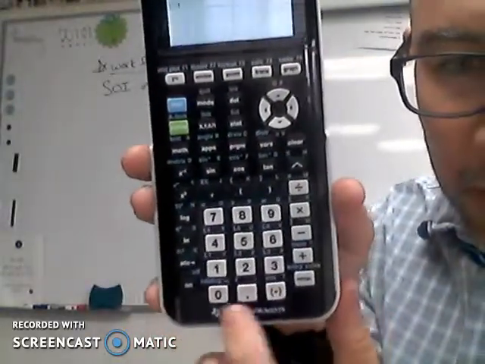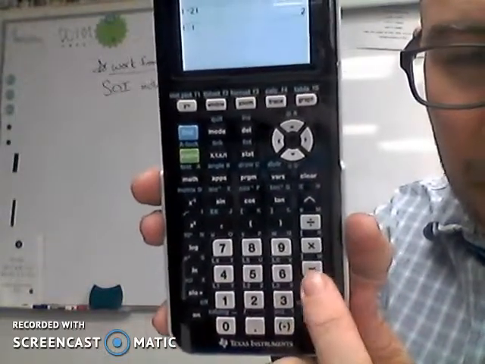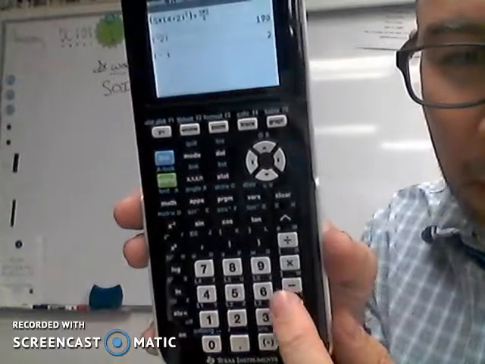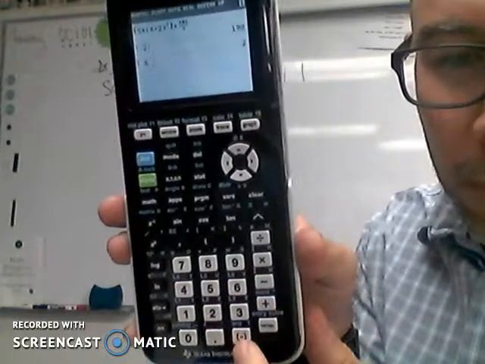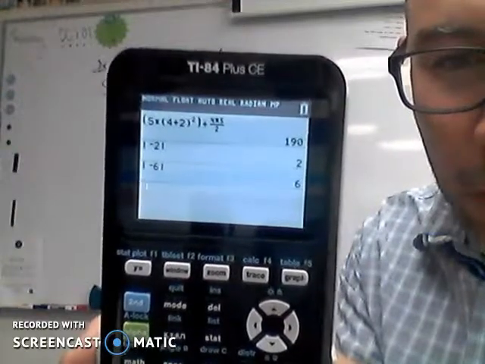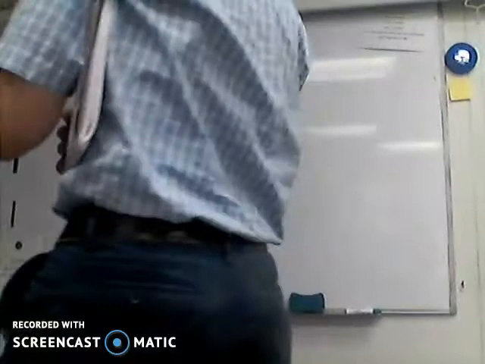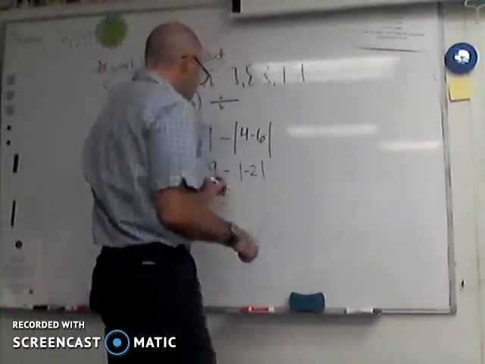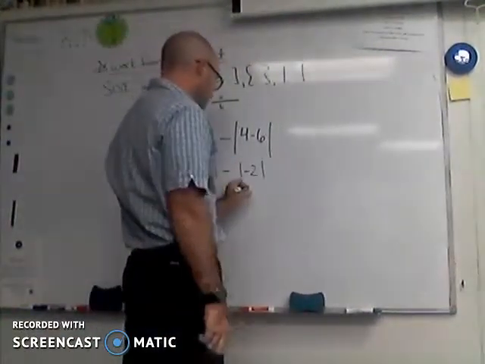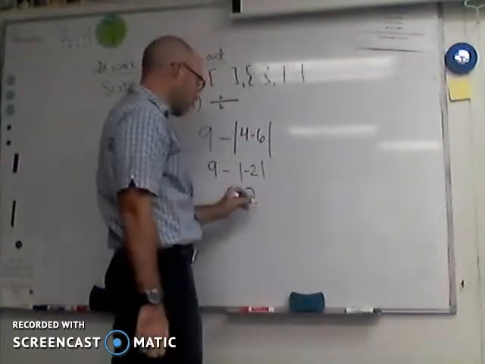Now remember, there's a difference between the negative sign and the minus sign. So you're going to want to go negative whatever. And you can see how that works. It breaks it down into that little problem first. The absolute value of negative 2 is 2. And now we're down to this little problem to finish it off.